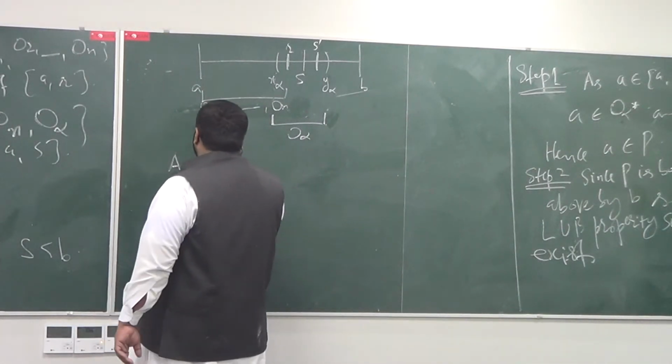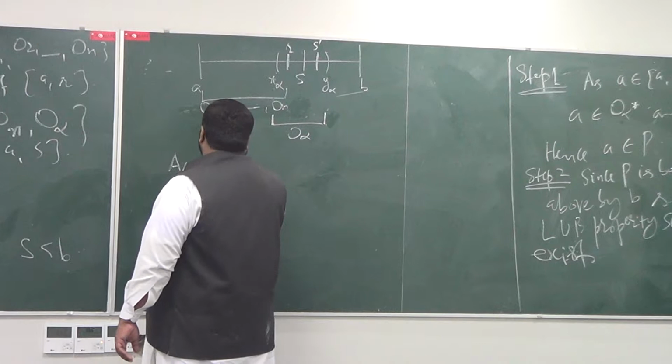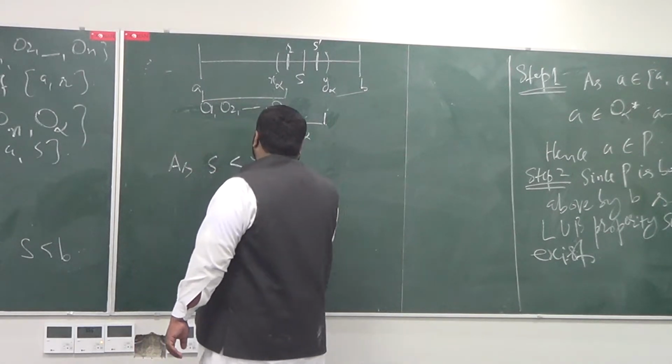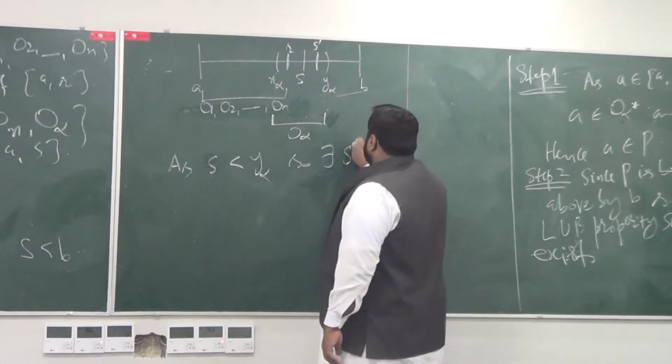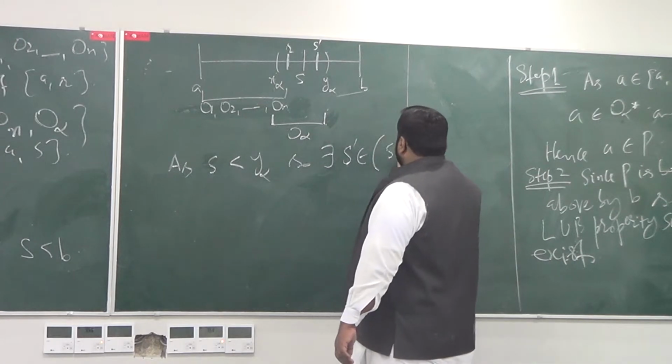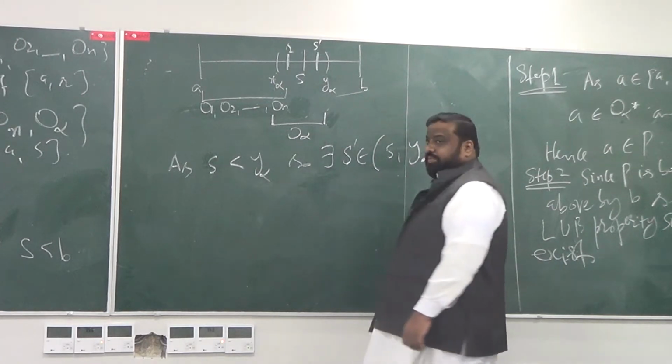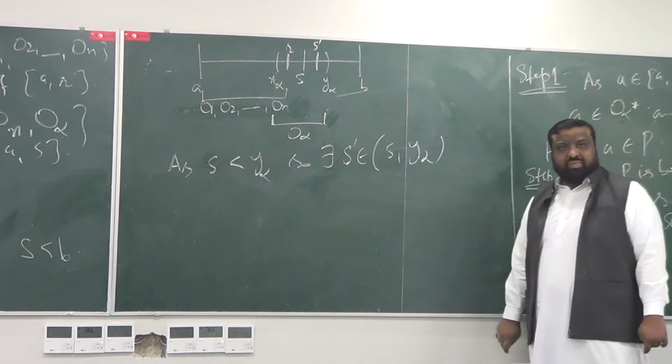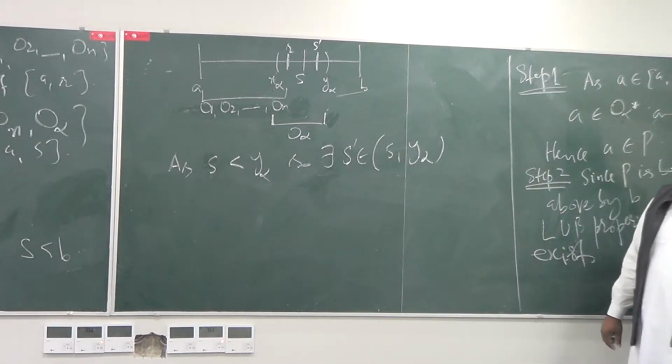So as S is smaller than Y alpha, there exists some S prime in the interval S to Y alpha. Okay, S to Y alpha.